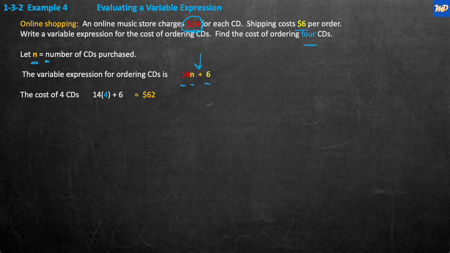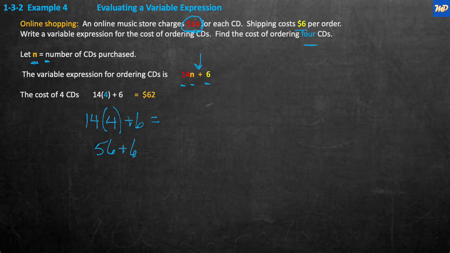So now you have the variable expression, and we're going to replace it now to solve for ordering 4 CDs. So if we do that, we're going to have 14 times how many CDs? 4. Plus 6, the shipping costs, which is fixed, and that equals something. Well, what does it equal? First of all, we have to do 14 times 4. 4 times 10 is 40. 4 times 4 is 16. 56 plus 6.